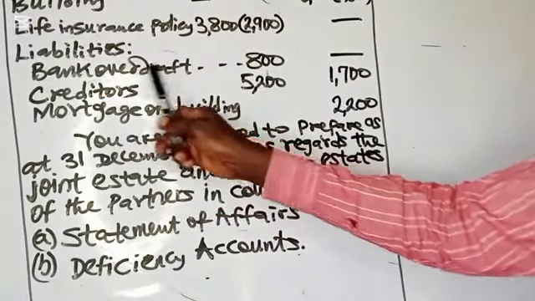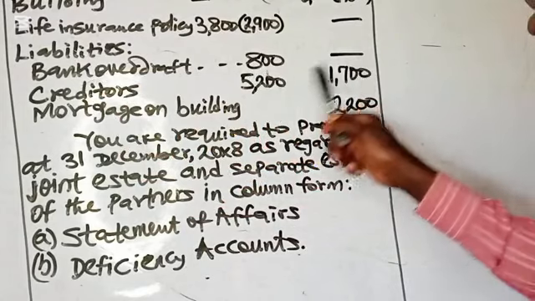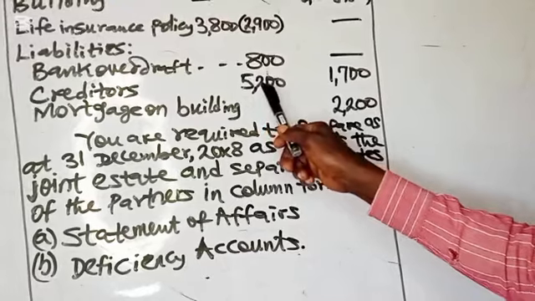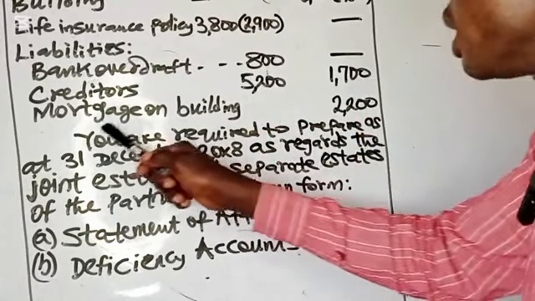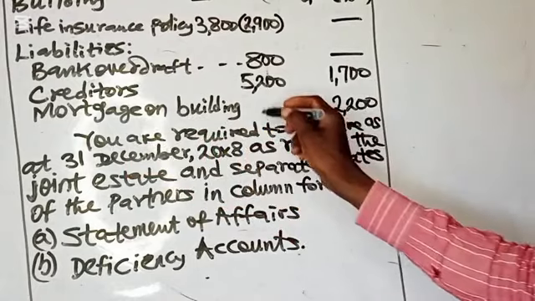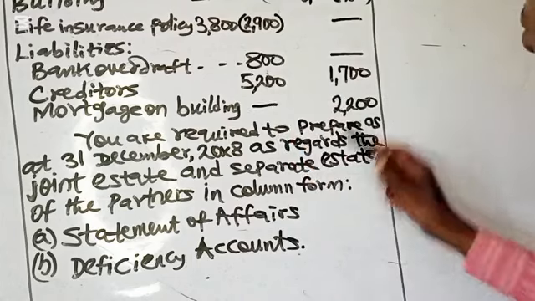Liabilities, we have bank overdraft. For Osama, 800. Saddam, nil. Creditors, Osama, 5,200. Saddam, 1,700. Mortgage on building, we have for Osama, nil. For Saddam, 2,200.